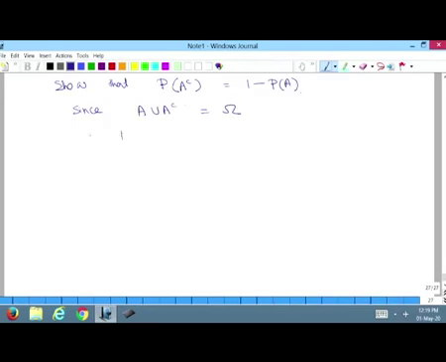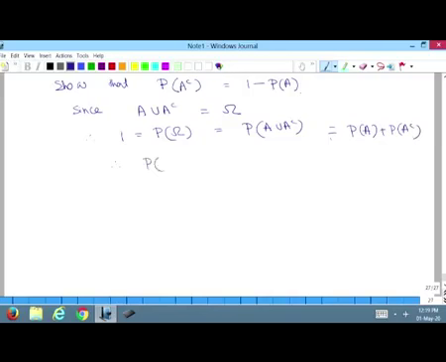Therefore, 1 is equal to probability of omega is equal to probability of A union A complement is equal to probability of A plus probability of A complement.